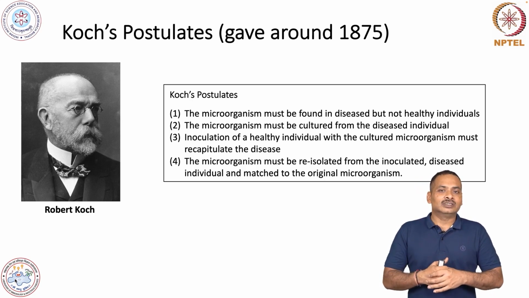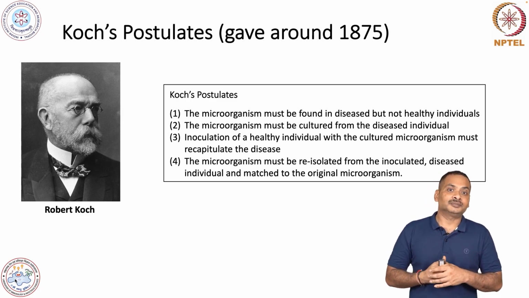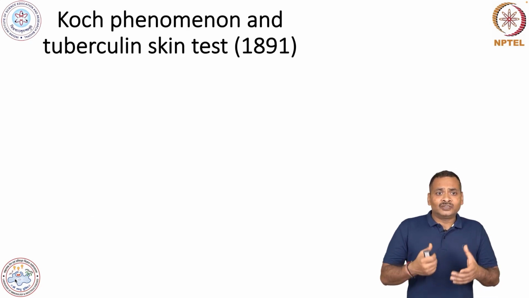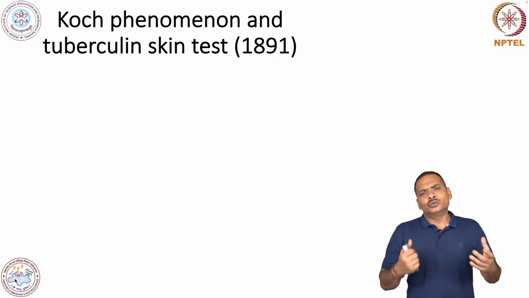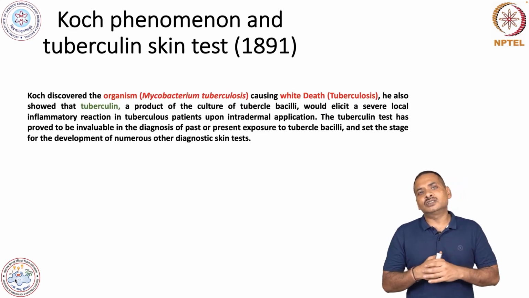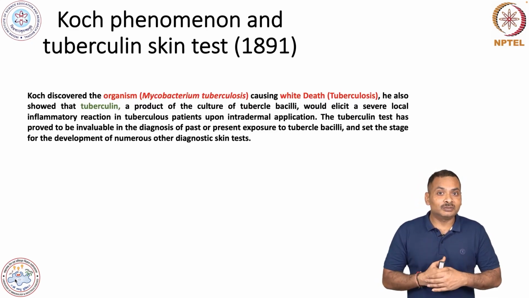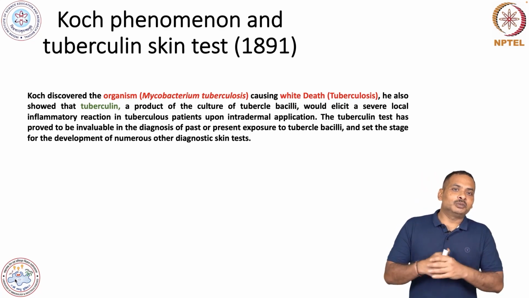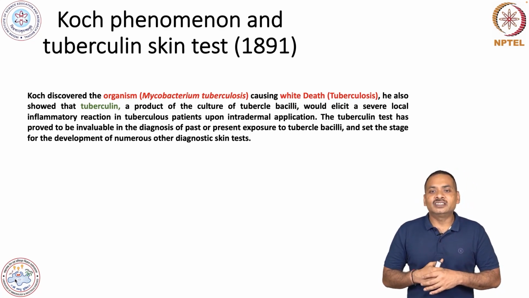Now it is very well known; probably you have learned this Koch postulate earlier. After that, Koch also worked in a variety of fields, and he was the discoverer of Mycobacterium tuberculosis. At that time tuberculosis was called the white death.